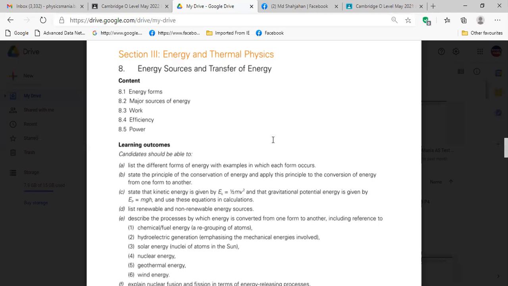Okay. Examples. Examples of non-renewable energy: fossil fuels, and those are petroleum, natural gas, coal, right? Fossil fuels are three types.